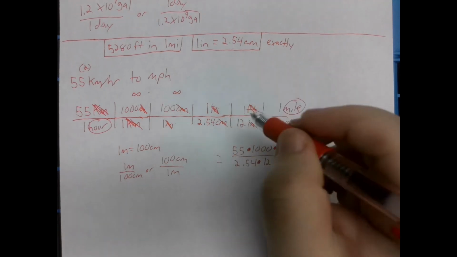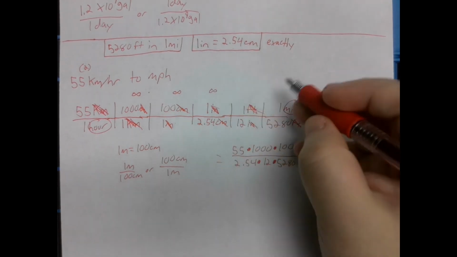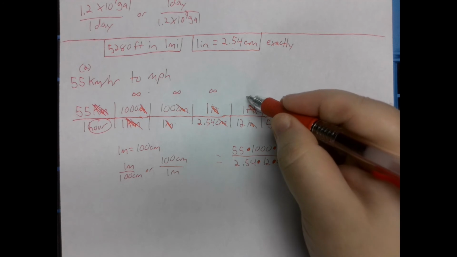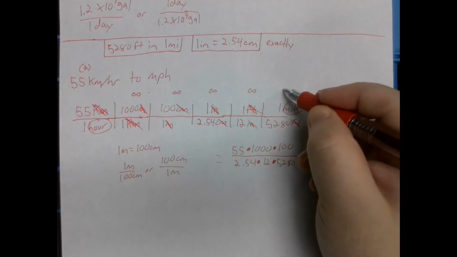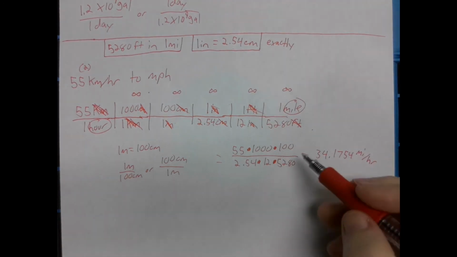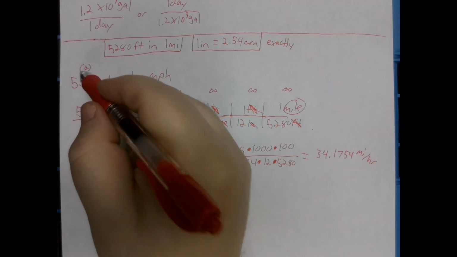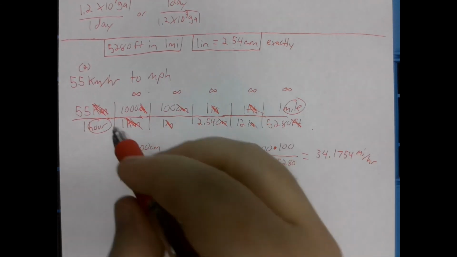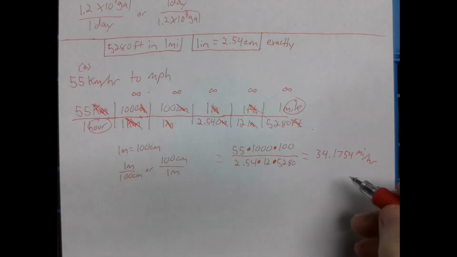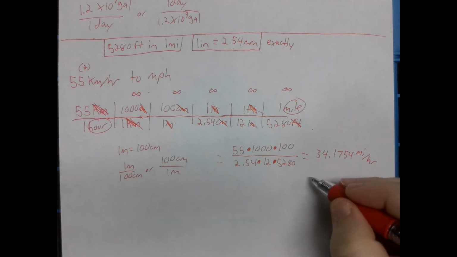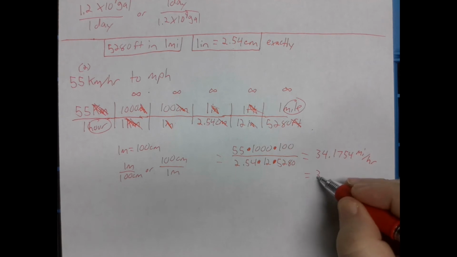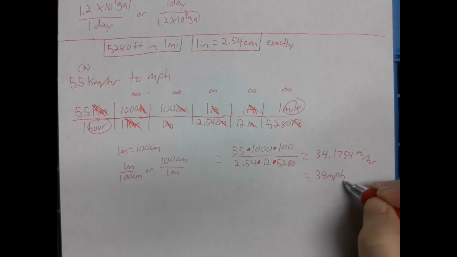This is the definition of an inch, so that has infinite. 1 foot is equal to 12 inches, that's infinite, and this is infinite too. So when doing multiplication and division, we choose the lowest one, which is 2. 2 is much smaller than infinity. So we would round this to 34 miles per hour.